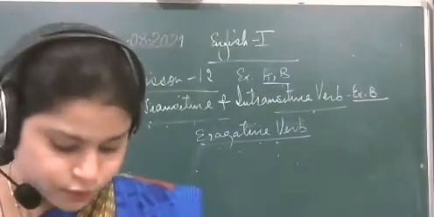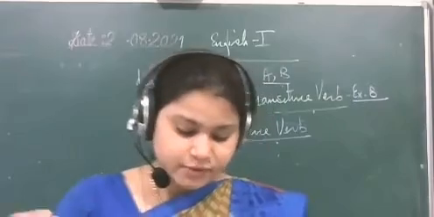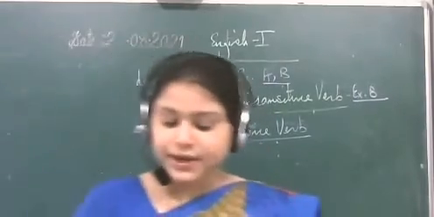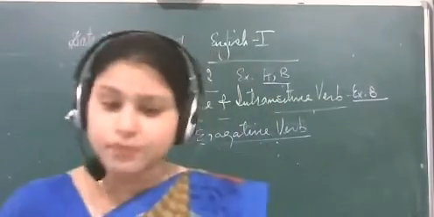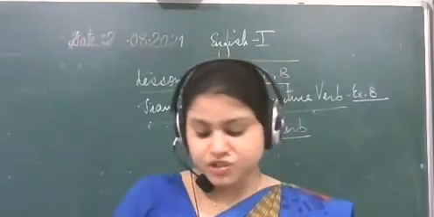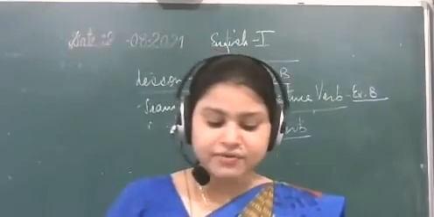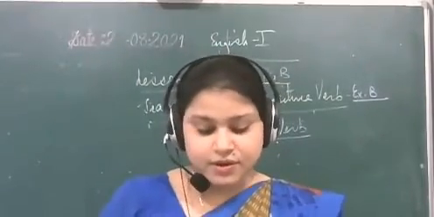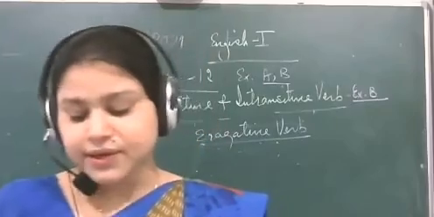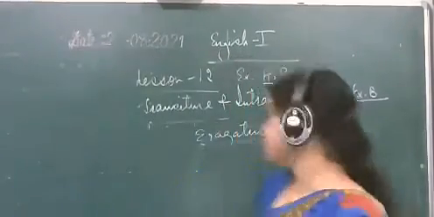Here in your book, page number 62, you can see it is written. You know that in the case of a transitive verb, the action directly or indirectly affects the object. Clear? But there are many transitive verbs which can be used in such a way that their action affects the subject itself. When the action of the verb affects the subject itself, the verb is called a reflexive verb.